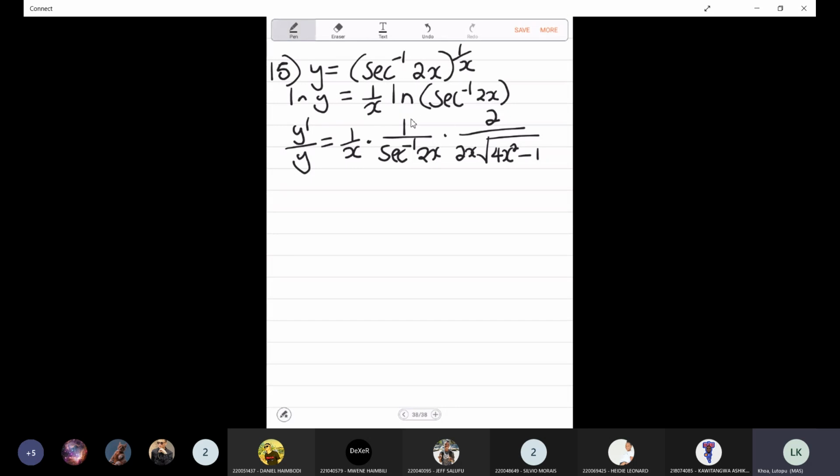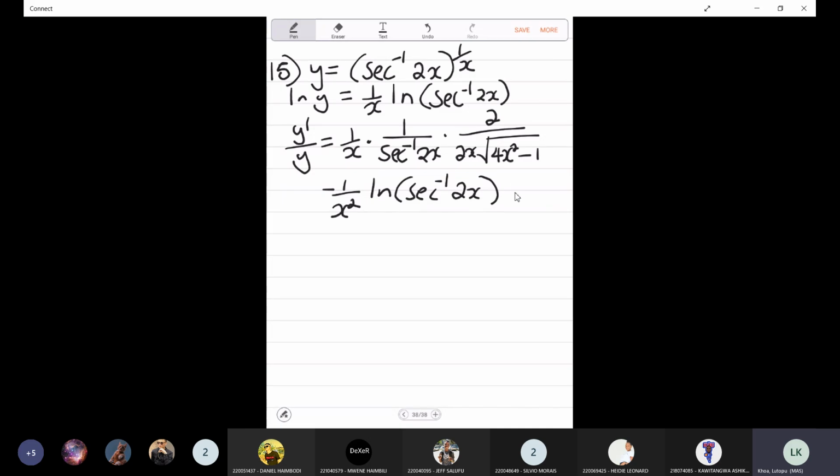So the derivative of 1 over x is minus 1 over x squared, and then multiply that by ln of sec inverse of 2x. Okay, so just check that everything is fine. Say that this one as it is, the derivative of ln is 1 over this, then times the derivative of sec inverse, which is that's fine, and then the derivative of 1 over x is this, and multiply by the second one as it is.